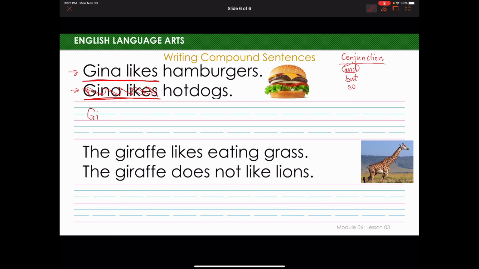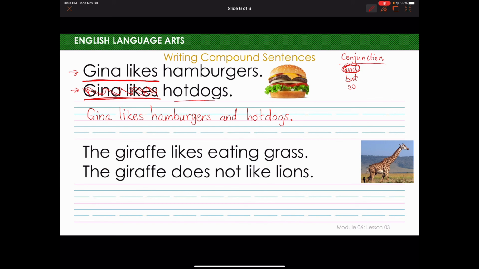Gina likes hamburgers and hot dogs. See how I combined those two things? So now I don't have two sentences that repeat themselves.